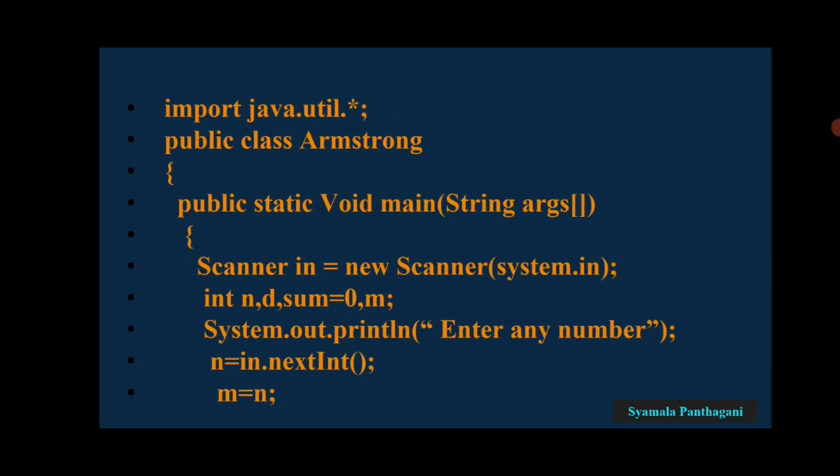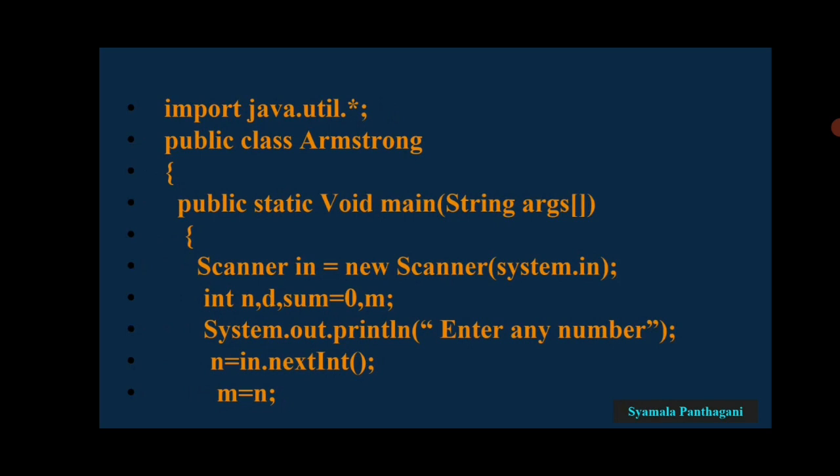This statement displays the message which is enclosed between double quotations. Now n = in.nextInt(). This statement is used to take the input from the user. Now m = n. I have assigned the given number to the variable m.